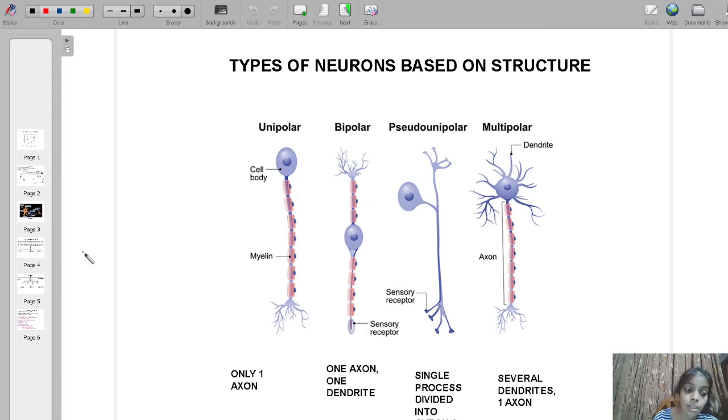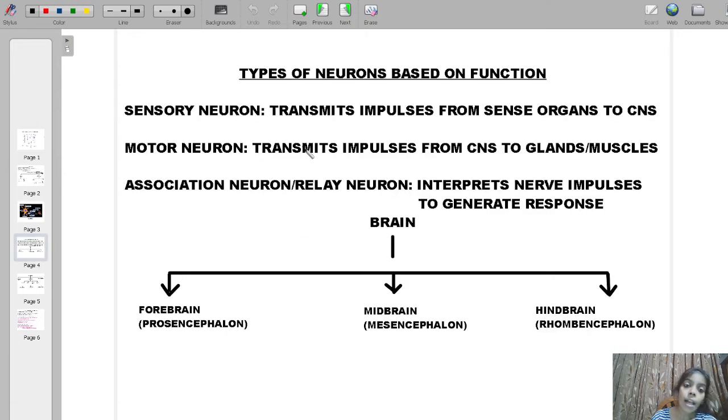Next come the types of neurons based on function. There can be three types of neurons based on function. One is the sensory neuron, which will receive the stimulus. Where are they found? They are generally found in the receptors of our body. What are receptors? Receptors are those cells in the body which receive stimulus.